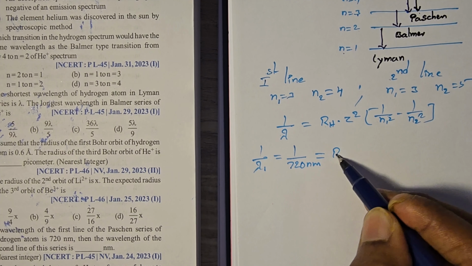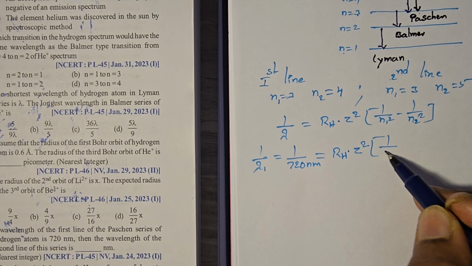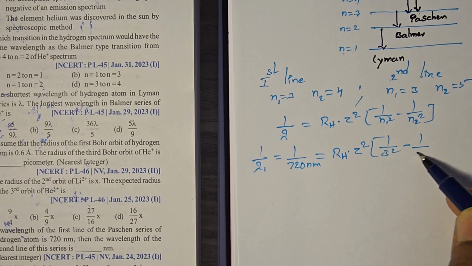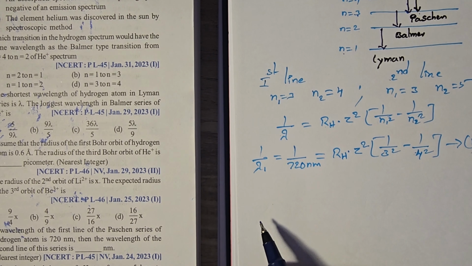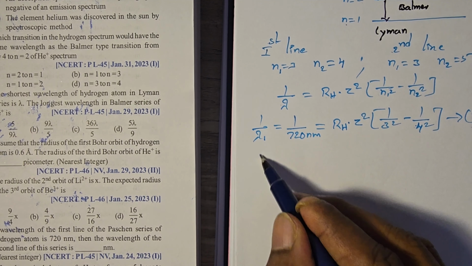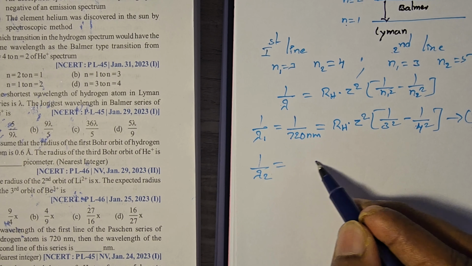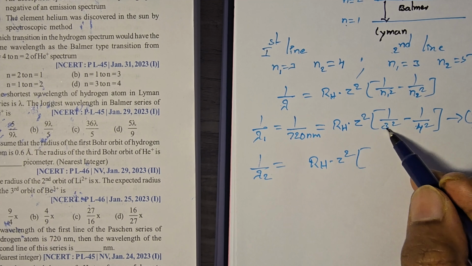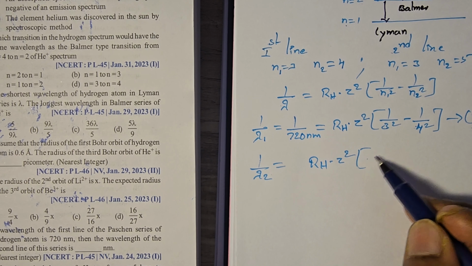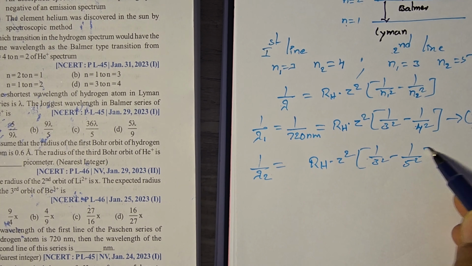That is equal to RH Z square (1 by 3 square minus 1 by 4 square). This is the first equation. 1 by lambda 2, the second line, is equal to RH Z square (1 by 3 square minus 1 by 5 square). This is the second equation.